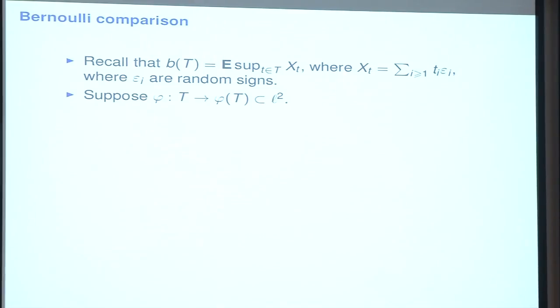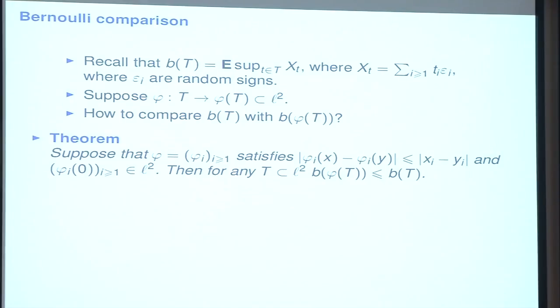And this can be formulated in this way. Suppose we have a mapping from the set T, which was in L2, to some other subset of L2 space. And the question is, can we compare the expectation of the supremum for these two sets?